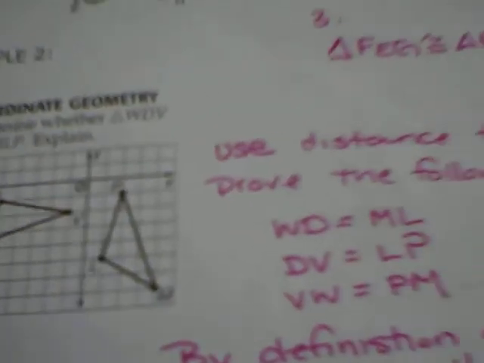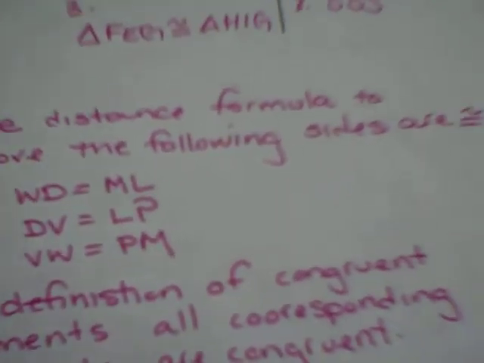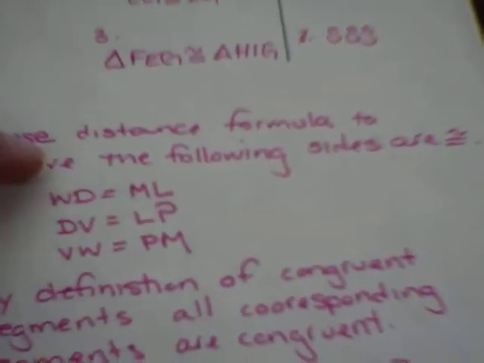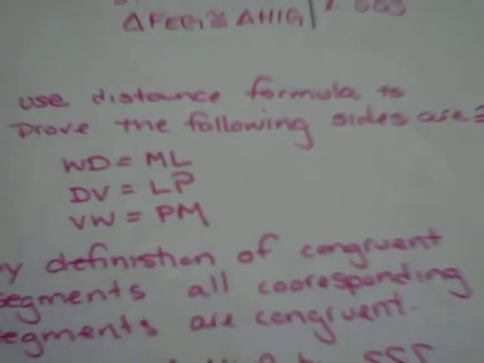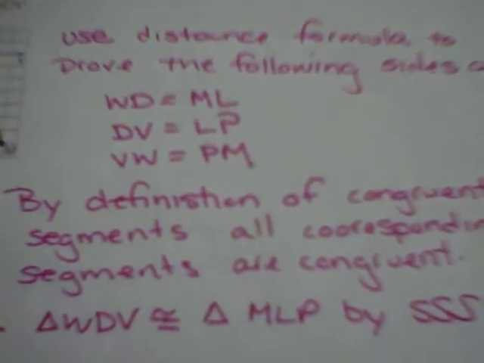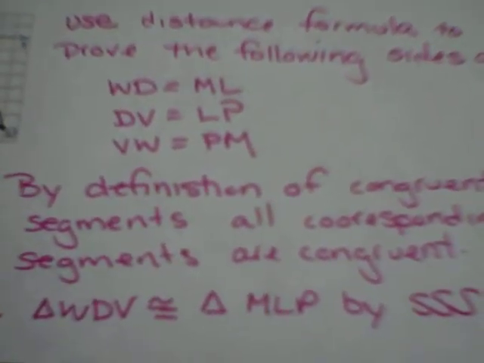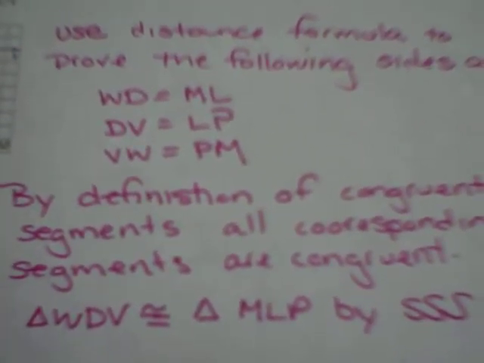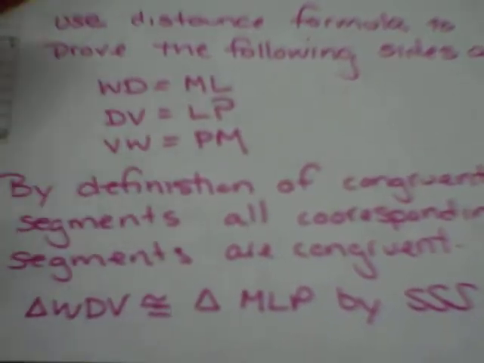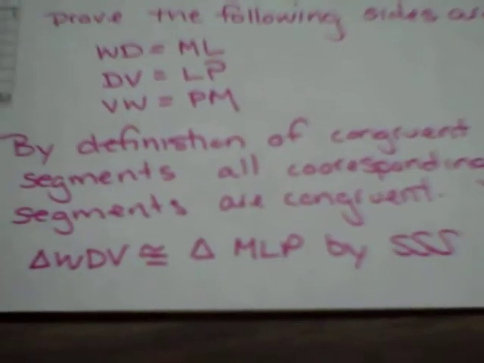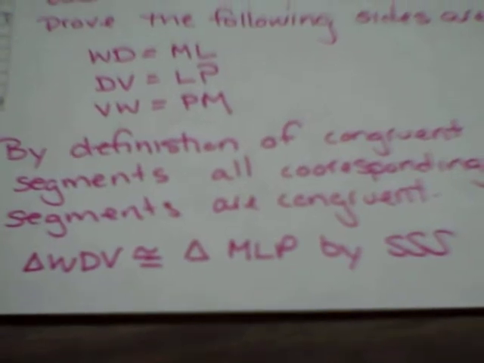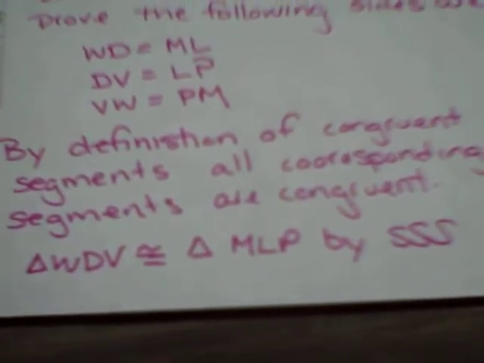So in this case, and we'll look over here, we're going to use the distance formula. We find that WD is congruent to ML, that DV is congruent to LP, and VW is congruent to PM. Now, we say that by definition, all corresponding segments are congruent.